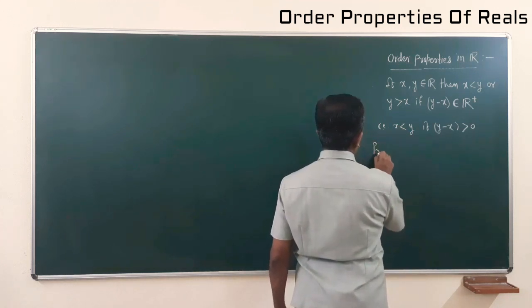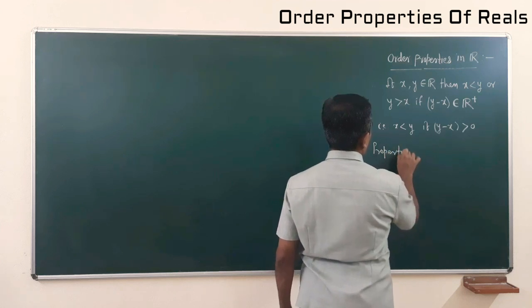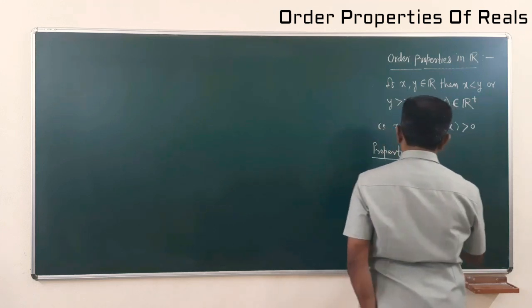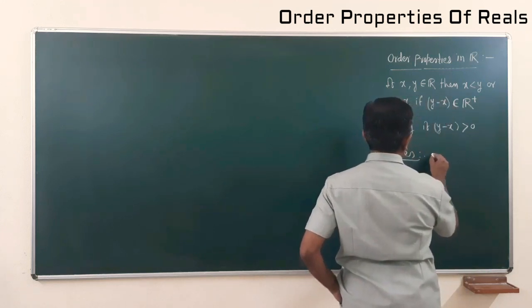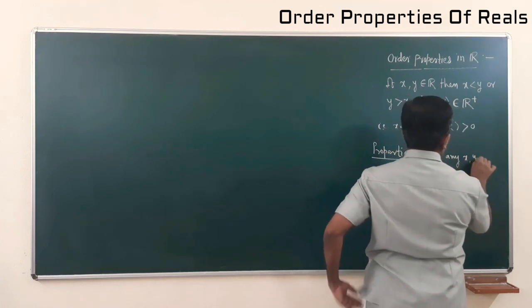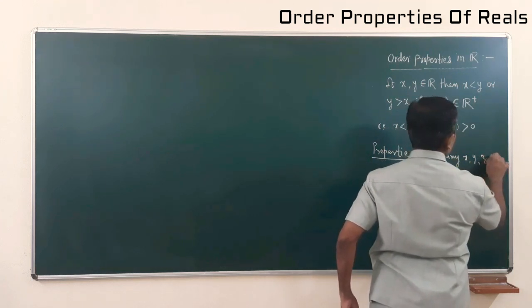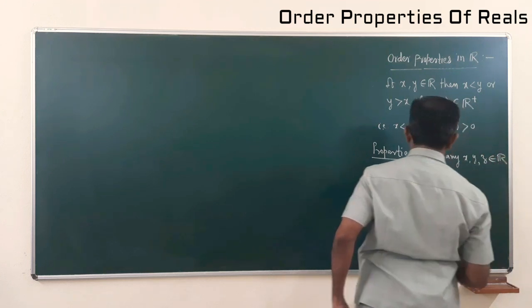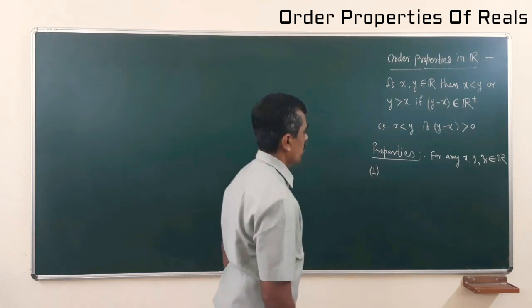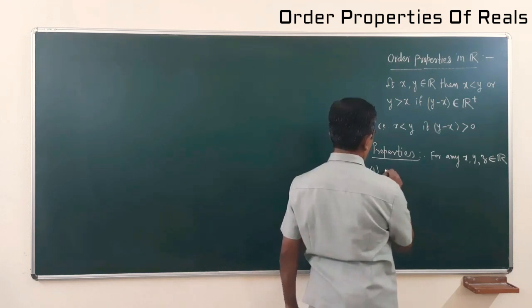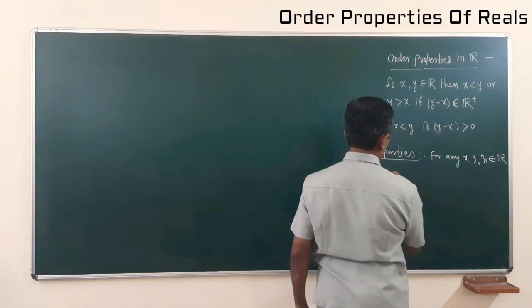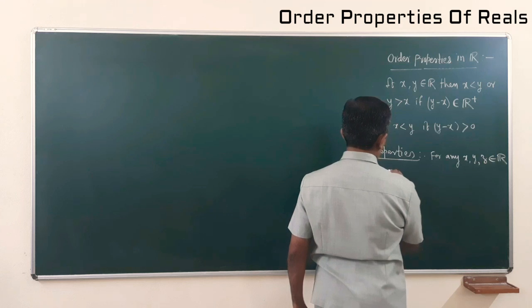So I will quote here the properties. For any x, y, z belonging to R, number 1, first property.